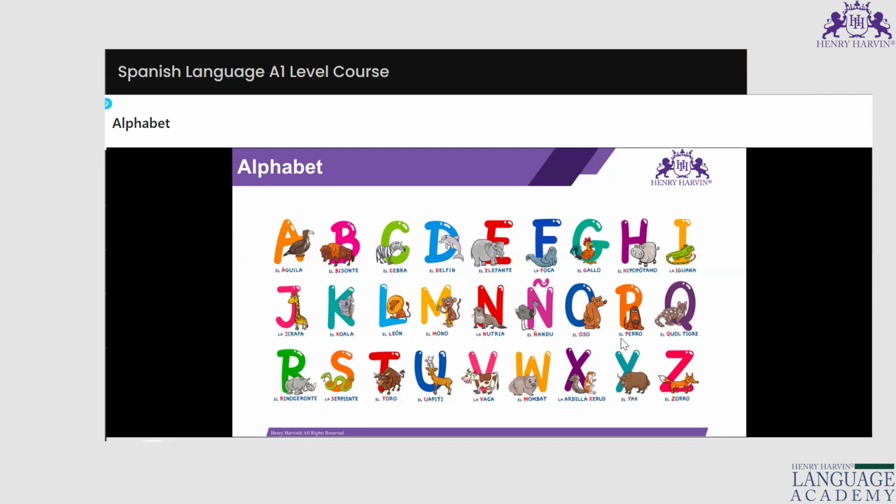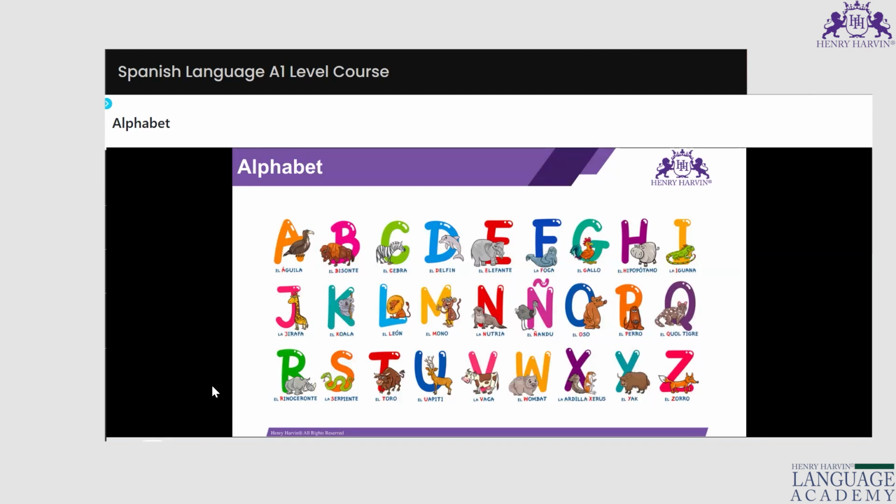O is O, P is pe, Q is ku, R is R, S is sa, T is te, U is u, V is uve. W is uve doble. Then X is equis, Y is Y and Z is seta.